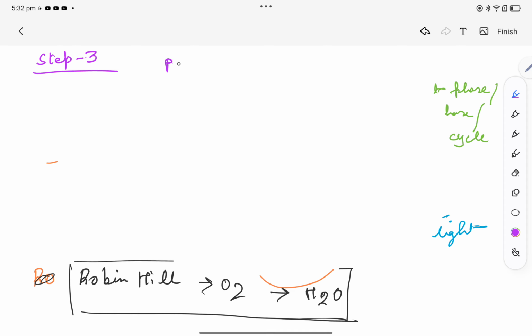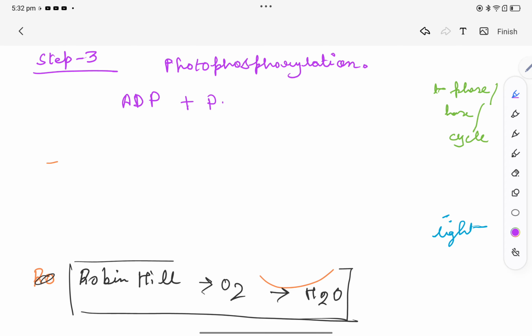This step is actually phosphorylation, but as it occurs in the presence of light, or with the help of light, it is called photophosphorylation.